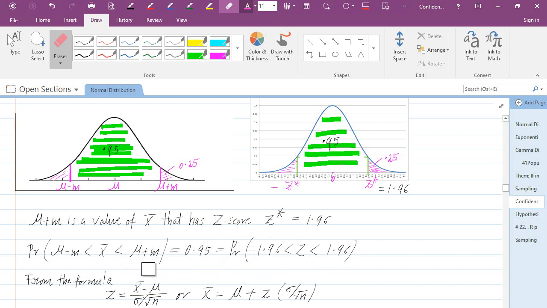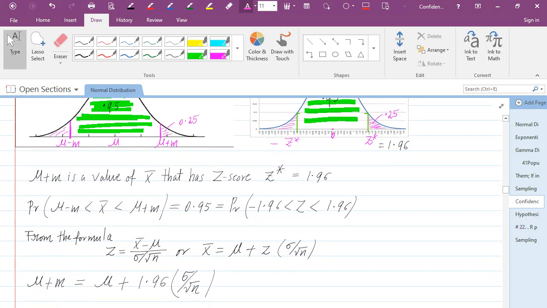Now, the mu plus m, right? This is a value of x bar, and that value has z-score 1.96.